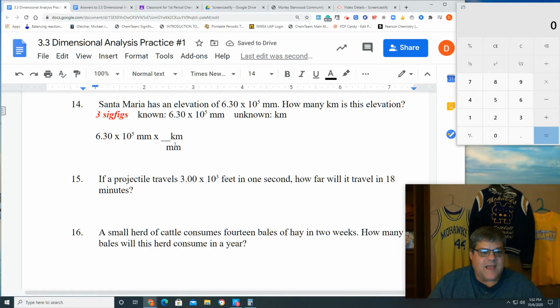So how do I do this? Well, I know that if I had 1 kilometer, so I'm going to put a 1 there, that 1 kilometer is going to equal how many millimeters? Well, on the staircase, because we're going to drop down 6 steps, we're going to move the decimal from here 6 places over.